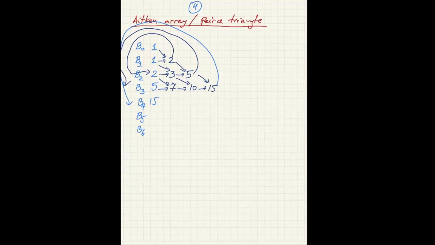It's pretty neat. Now, in terms of asymptotics, like I said before, the Bell number doesn't have a closed formula.